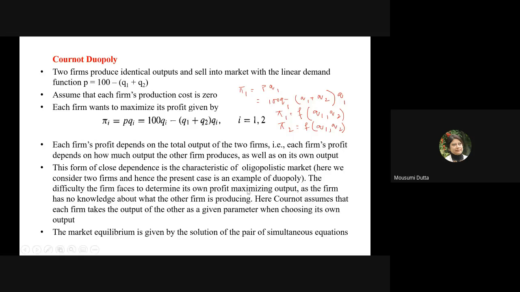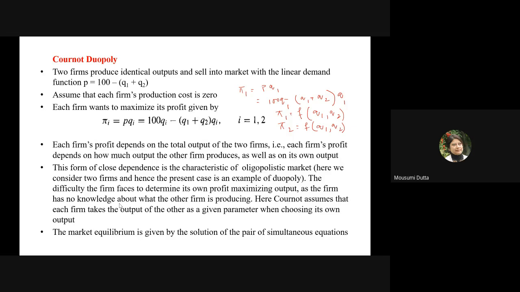The difficulty the firm faces in determining its own profit maximizing output is that the firm has no knowledge about what the other firm is producing, because individually everybody is maximizing the profit. Here, Cournot assumes, and this is actually the point where all the models differ. So you have no knowledge about what the other firm is producing. So here you will bring different types of assumptions, and that will make your model different. Cournot makes one kind of assumption.